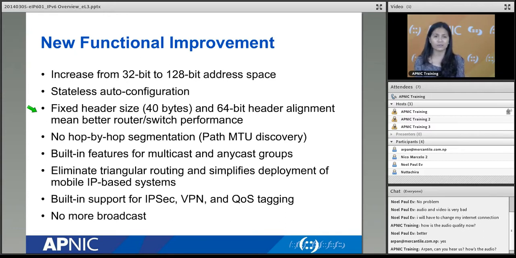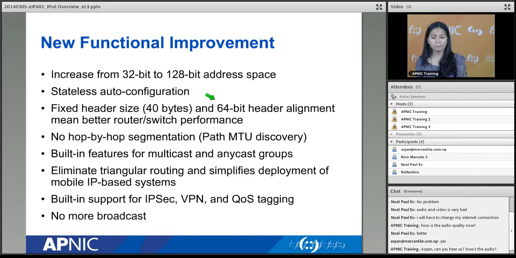Therefore, it adds to better performance of your routers. And it's also 64-bit aligned. Nowadays, most of the routers, most of the equipment are all using 64 bits. But early in the days, we had 32 bits and 64 bits, and 64 bits are more preferred because of its alignment with the memory, the caching, and everything.